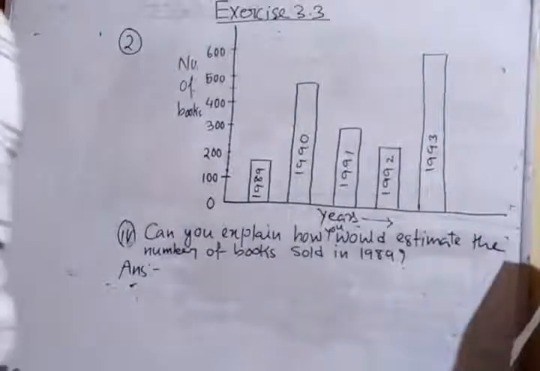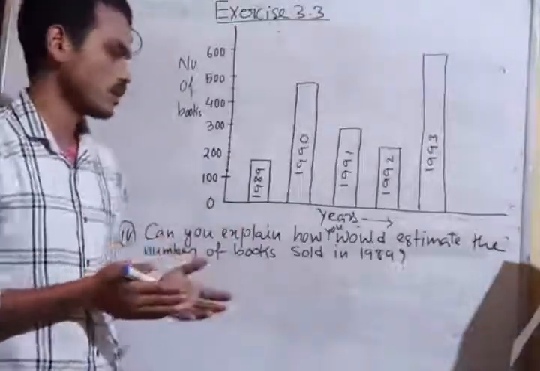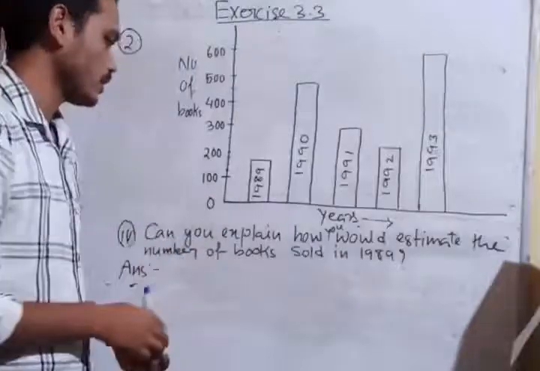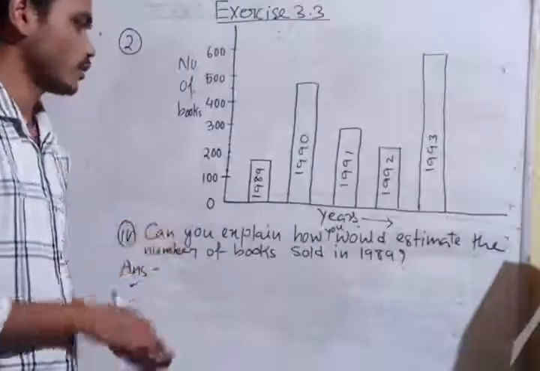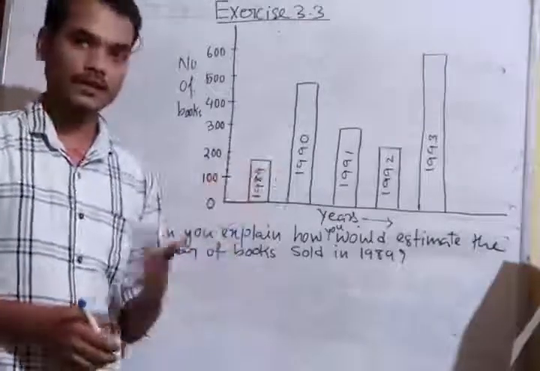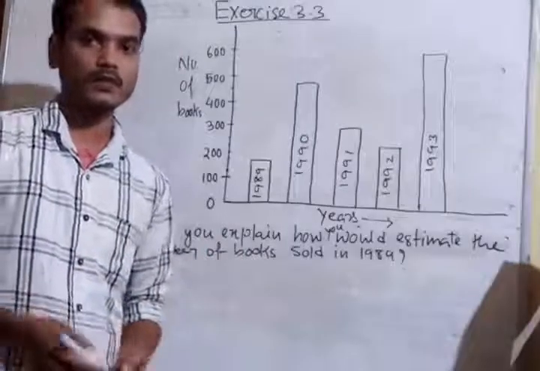Now number 4 is, can you explain how you would estimate the number of books sold in 1989? You have to explain how you get that this many books were there in 1989. Already I have explained in the first only how we are getting this 175, 475, 225.